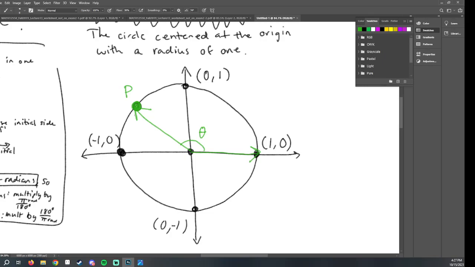So let's say, for example, that theta is a perfect 45-degree angle, so theta here would be 90 plus 45, which is 135 degrees, right? So that means that this point P is the point made by intersecting this terminal side of my 135-degree angle with my unit circle.